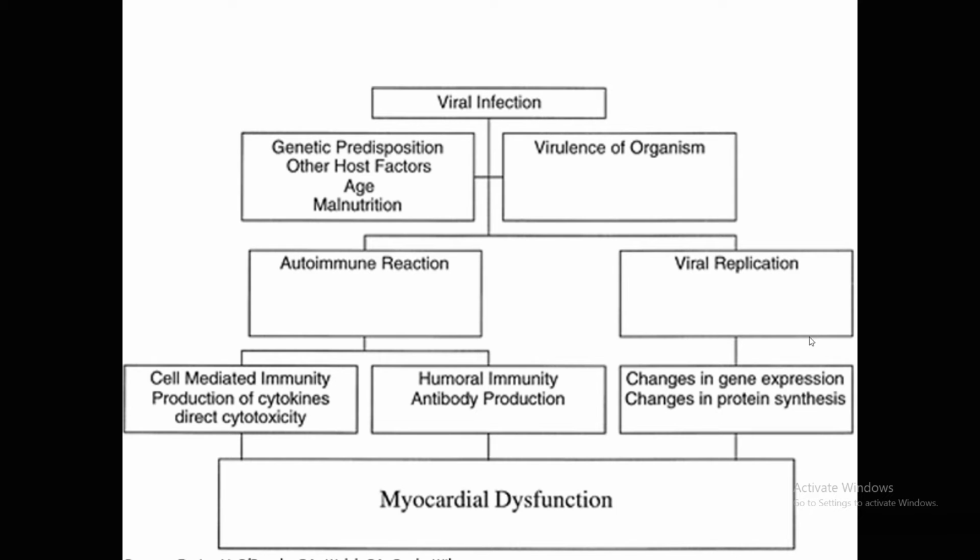Viral myocarditis as well as streptococcal myocarditis are characterized by the presence of autoimmune reactions triggered by the initial damage and the release of autoantigens by the damaged cells.